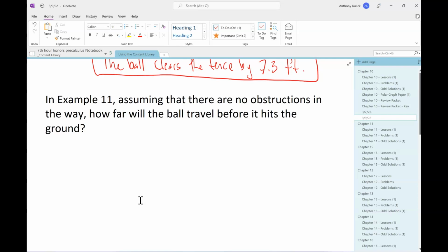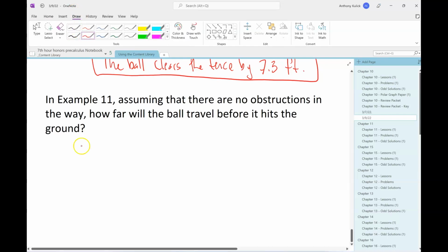So taking that same situation with Jeff the Legend there, assuming there's no obstructions in the way, how far will the ball travel before it hits the ground? So what are we doing this time? Yeah, we need the time when the height is 0.